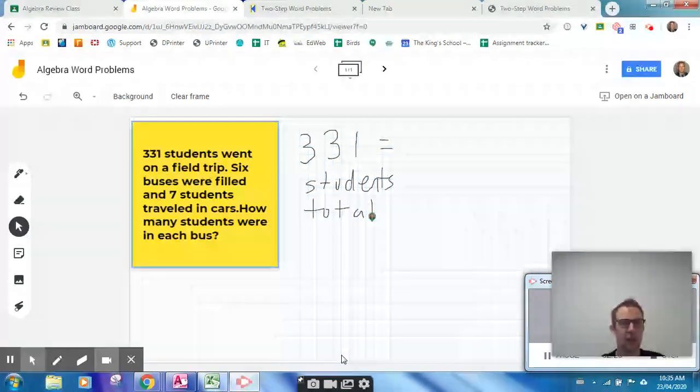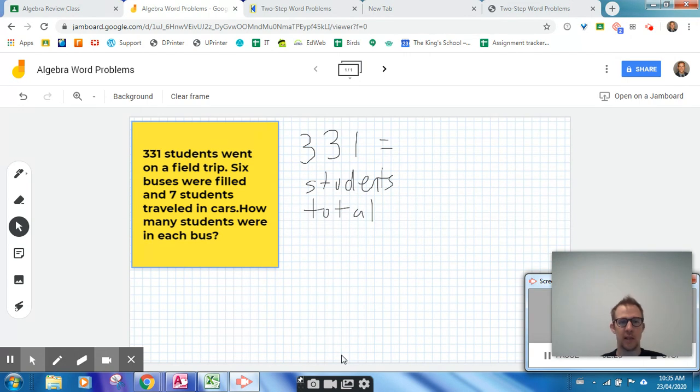The next piece of information is that there were 6 buses, and the buses were full, and we don't know how many people there are in each bus. So we're going to write that as X.